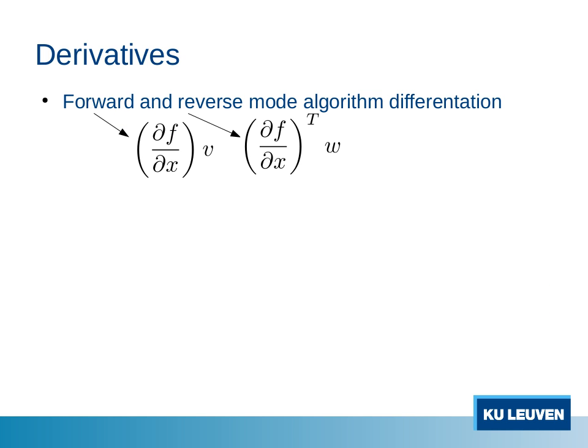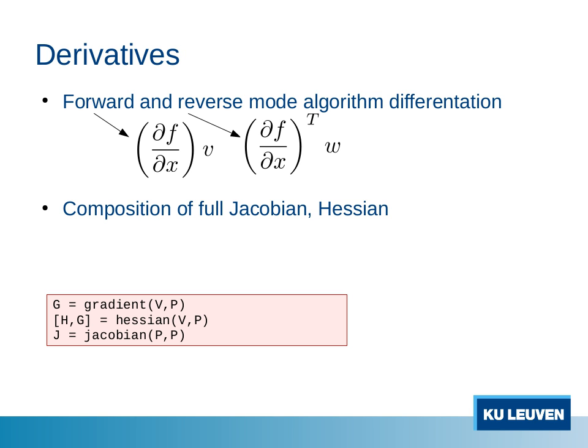Okay, let's look at derivatives. We use algorithmic differentiation, both the forward and the reverse mode. The first mode gives you a Jacobian times vector product, and the reverse mode gives you a transposed Jacobian times vector product. With these two primitives you can compose full Jacobians or Hessians.